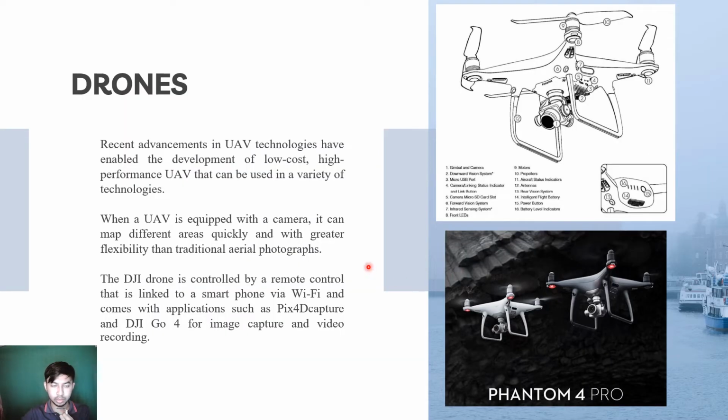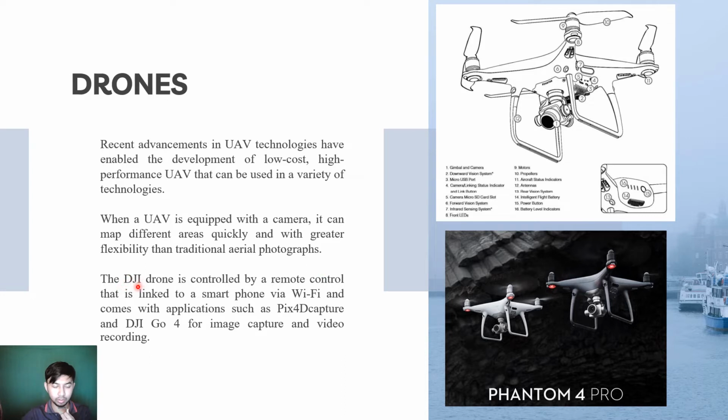The device that took the photos is a drone. Recent advancements in UAV technologies have enabled the development of low-cost, high-performance UAVs that can be used in a variety of applications. When a UAV is equipped with a camera, it can map different areas quickly and with greater flexibility than traditional aerial photography.